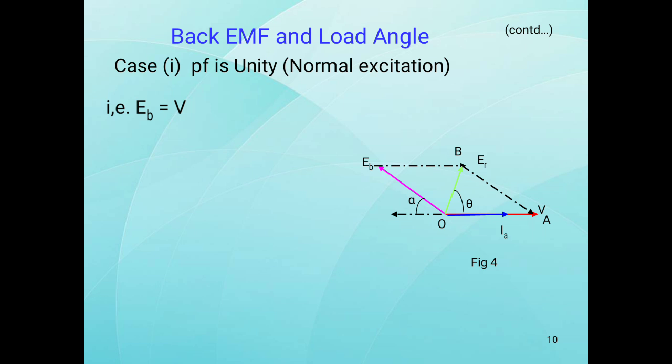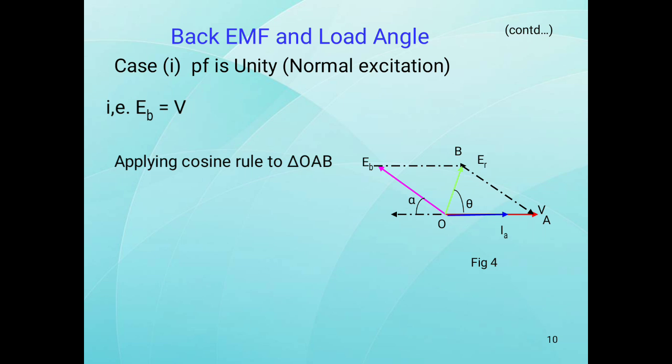From this phasor diagram we can calculate the back EMF. Now EB is equal to V here, that means it is normal excitation.